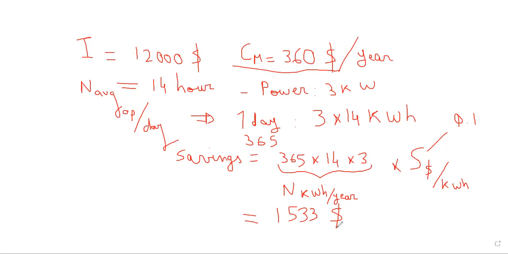But of course, it's not a good way. It's not a good analysis to not consider time effect. But sometimes not considering time effect will just give you a rough estimate. For example, you know already that if you don't consider time, the payback period will be much lower.